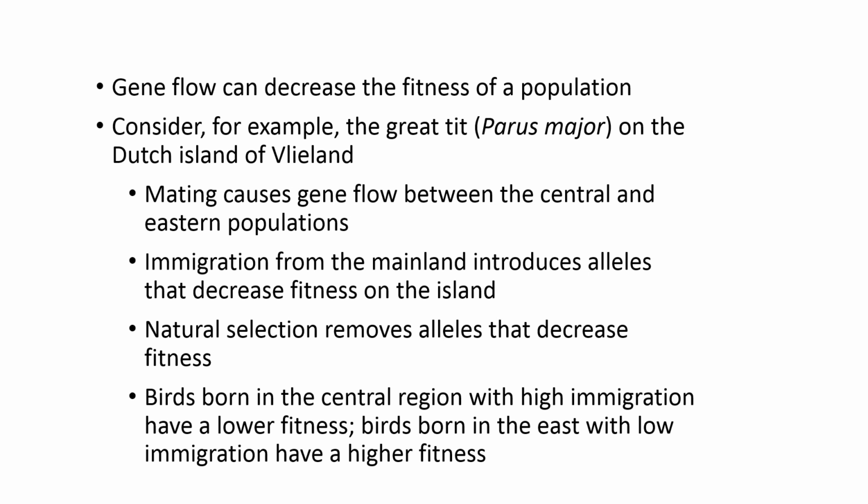But you have immigration of birds from the mainland introducing new alleles. And typically here, birds born in the central region exhibit a much higher immigration of birds from the mainland than the eastern population. You can see that birds from the central region have a lower fitness compared to those from the eastern population.